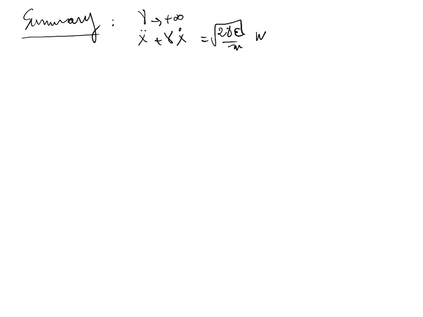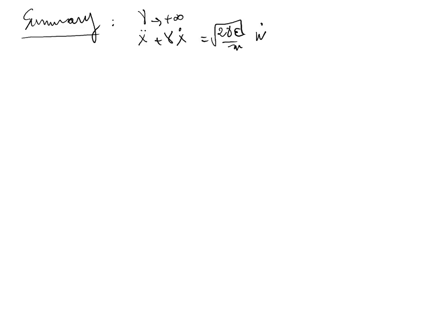When gamma is large and t has to be larger than some quantity, so the result is not uniform for all time, when we have the Langevin equation x double dot plus gamma x dot equals the square root of 2 gamma epsilon over m times w dot. This is also true, but I'm not going to show it here.